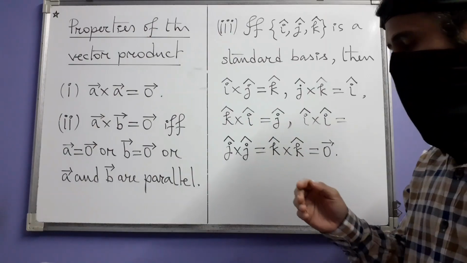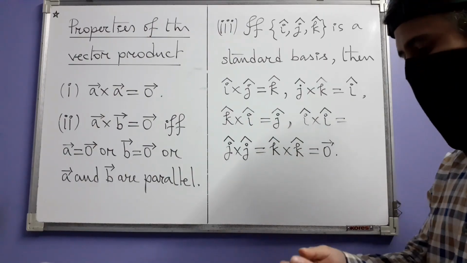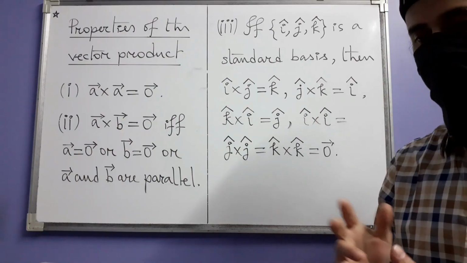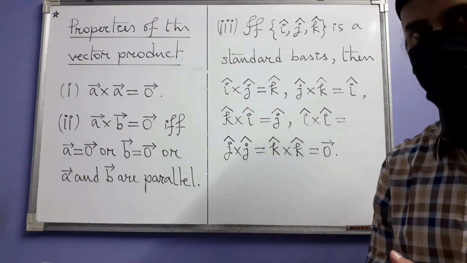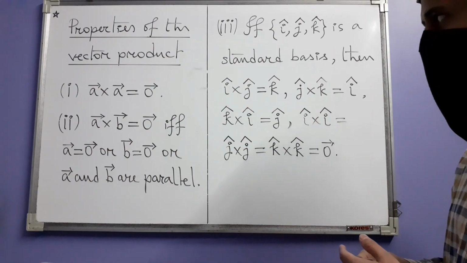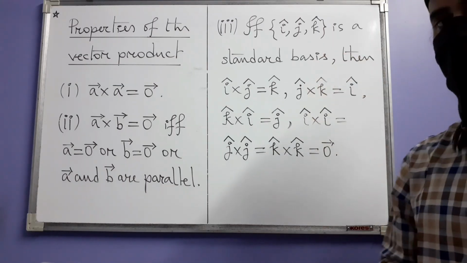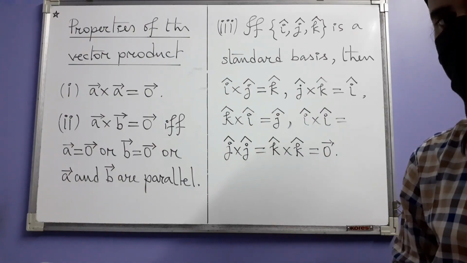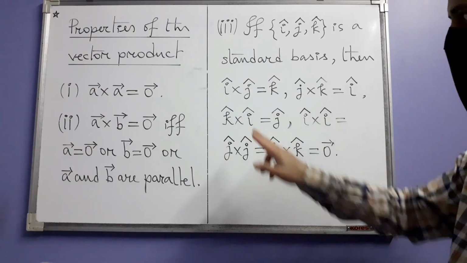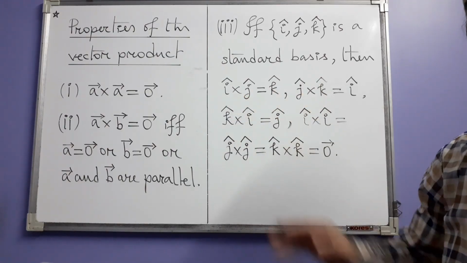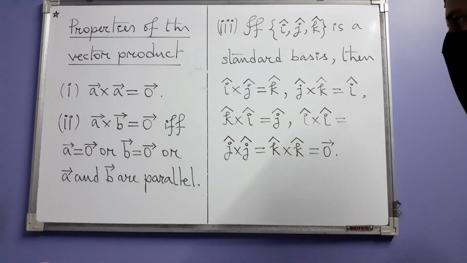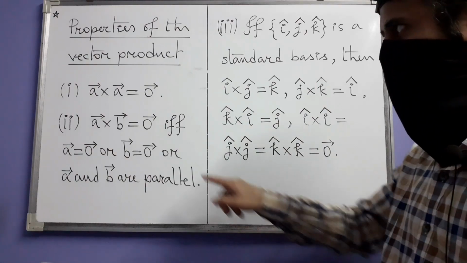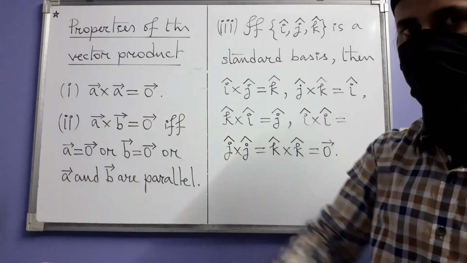You think of these vectors along the x, y and z axis of a rectangular three-dimensional coordinate system in such a way that you have a right-handed set and apply the definition of cross product or vector product, you will instantly get that i cross j is k and the others are these things. And these other vector products are 0, that follows from this one directly.